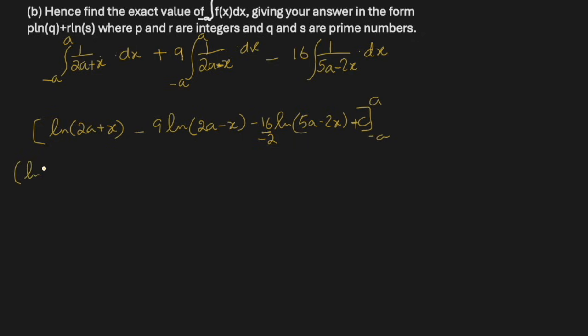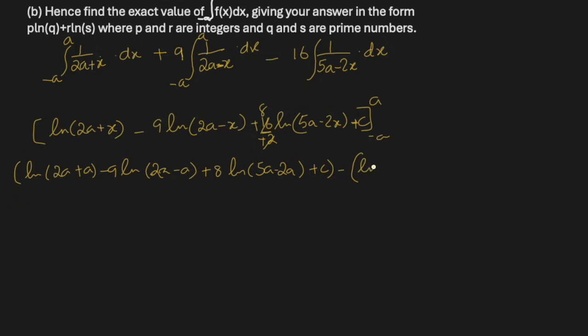So natural log of 2a plus a, I'm substituting a first, minus 9 natural log of 2a minus a, and this will be plus 8, right? Natural log of 5a minus 2a plus c minus, and now we'll substitute negative a in all of them.